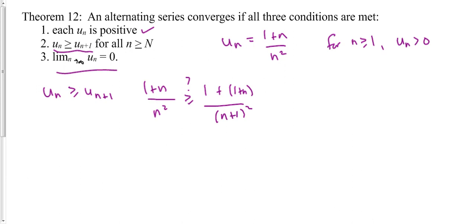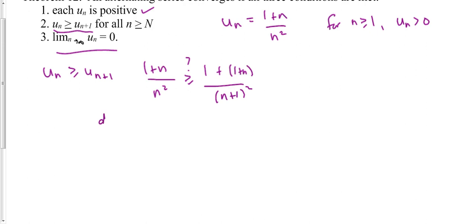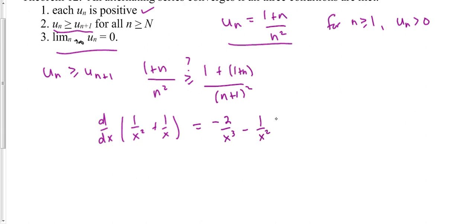Well, we could probably use some other calculus that we know. So for instance, if I let this be a function of x, 1 over x squared plus 1 over x, which is really what my function is up here, and I took the derivative of that, then I'm going to get -2 over x cubed minus 1 over x squared. And that's going to be less than 0 for all x greater than 0.